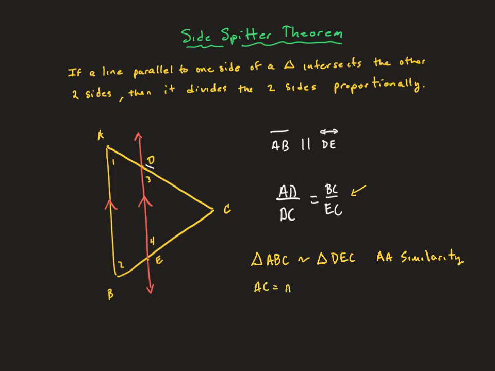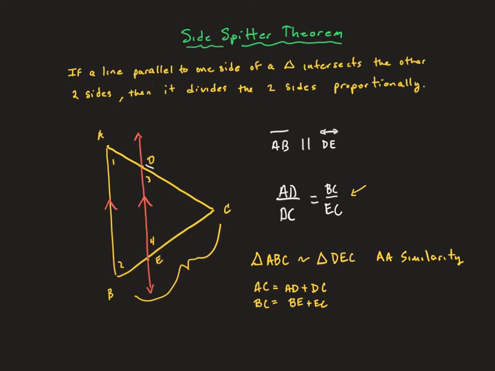I know that AC is going to be equal to AD plus DC, and I know that BC is going to be equal to BE plus EC, right? This is equal to the two smaller pieces put together, and this is equal to the two smaller segments put together, right here.